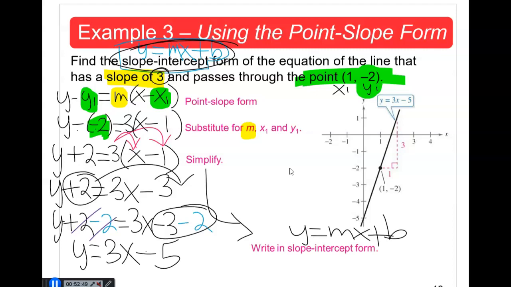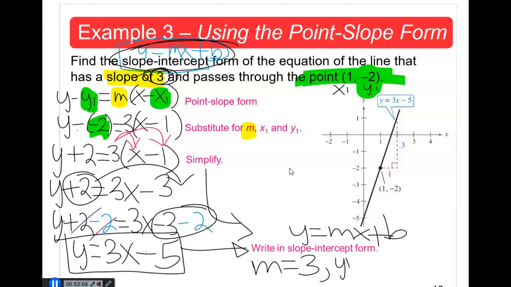So now this is the answer in slope-intercept form. If the question was, what's the slope? It's 3. We already knew that from here. But the y-intercept, now we know that it has the coordinates 0, negative 5. And we can see the graph here.